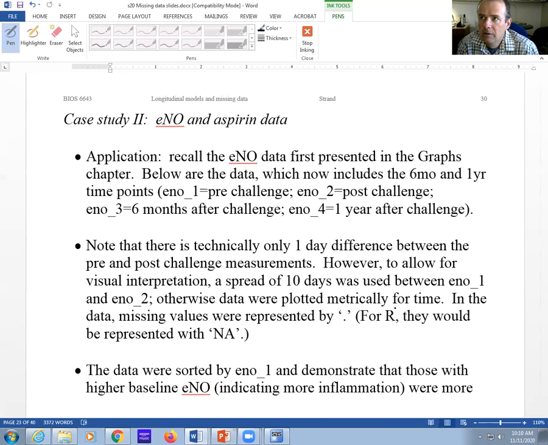There are ways to test between missing completely at random versus not missing completely at random. We have a test for that, but unfortunately we don't have a test to distinguish missing at random versus not missing at random. That would be really nice, but we don't have the data to answer that question.